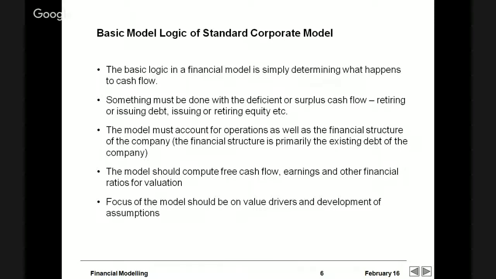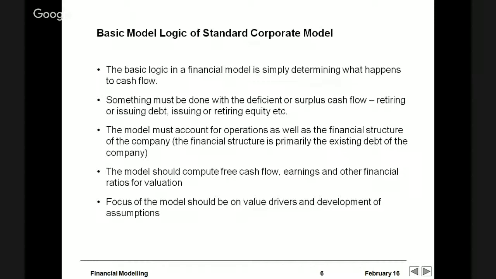So if I start building up a model where I first account for the company's financial structure, the existing debt, the areas where we think that revenue can be generated, expenses, and then finally I put in a model which would tell me what would be the exact cash position in the company.